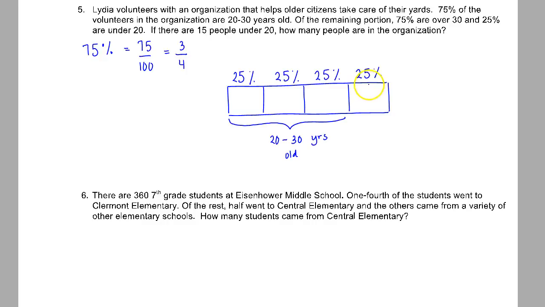So if I take this remaining portion and I divide it into 4 equal parts, I know that 75%, or 3 of the 4, are volunteers that are over 30 years old, and 25%, that remaining portion, are under 20.